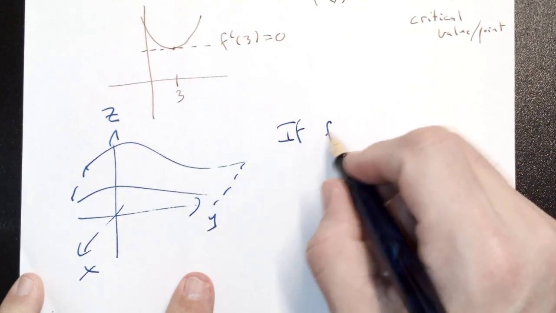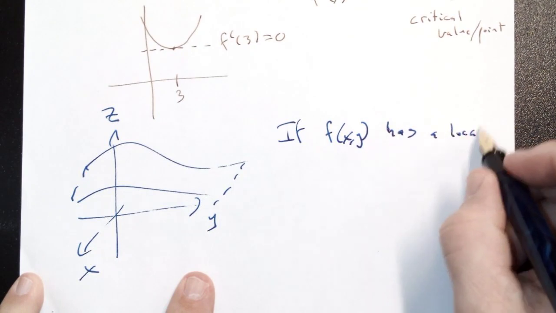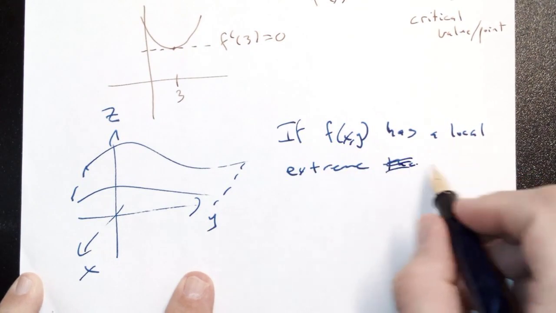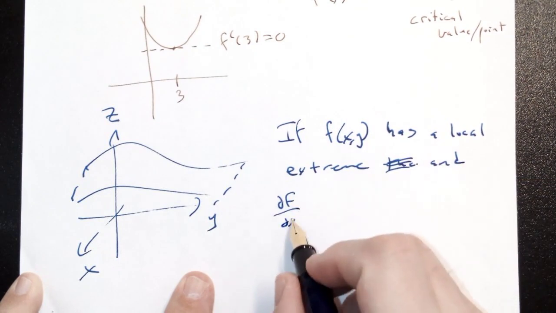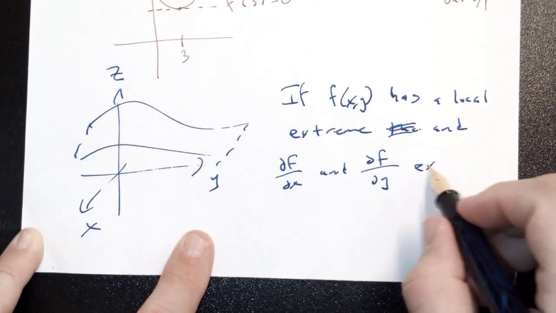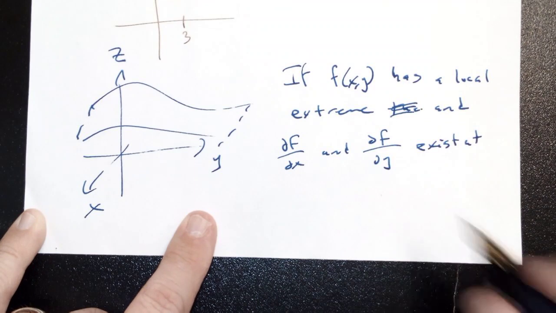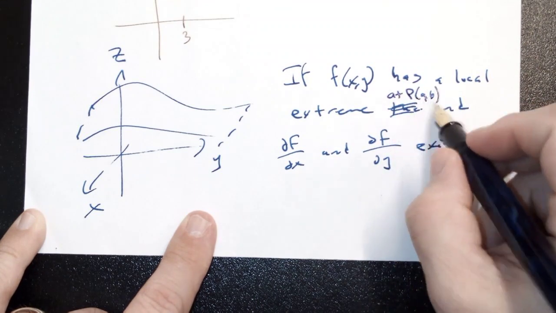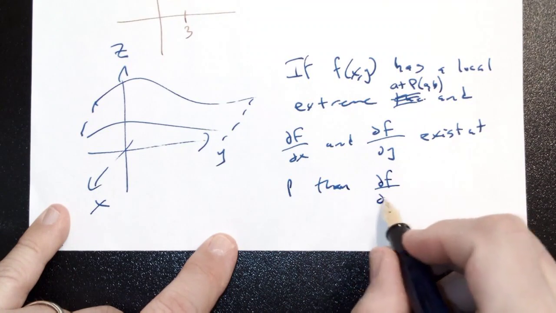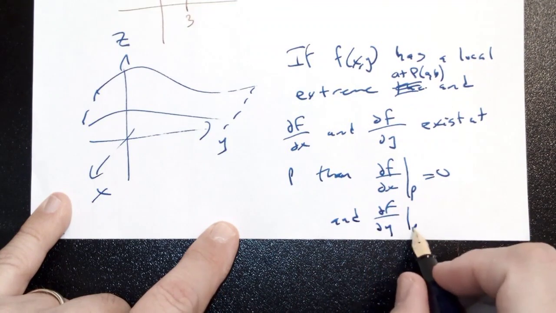If f of xy has a local extreme, a max or a min, at P equals (A, B), and partial f with respect to x and partial f with respect to y exist at P, then partial of f with respect to x evaluated at the point equals 0, and partial of f with respect to y at the point equals 0.